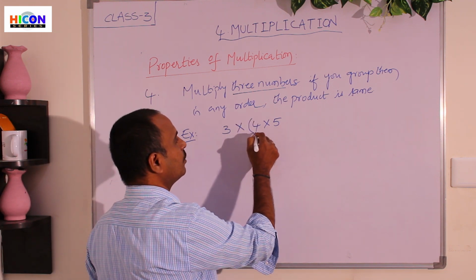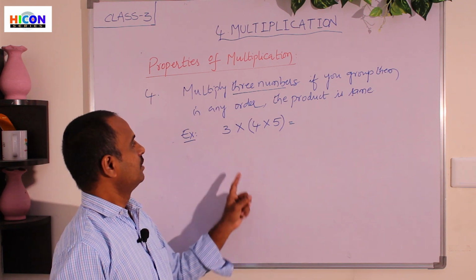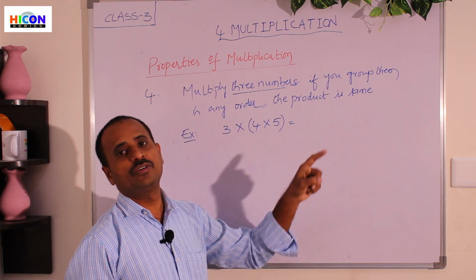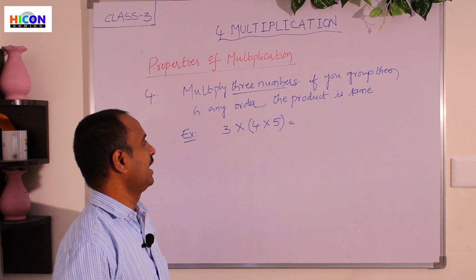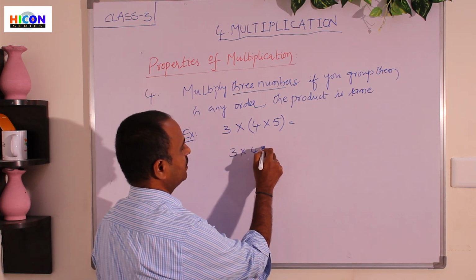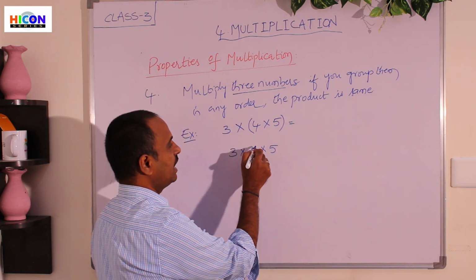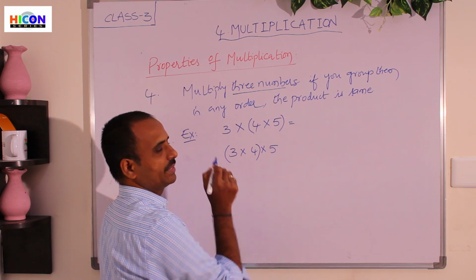Now I will group these two numbers and let us find the product. And again I will multiply these three numbers 3 into 4 into 5, but now I will group these two numbers.